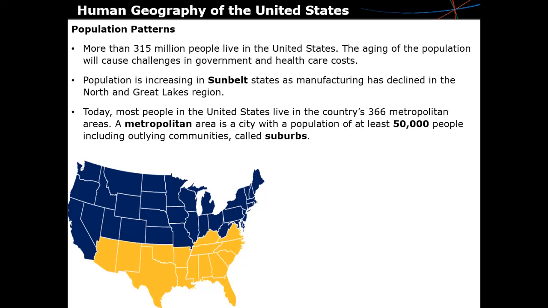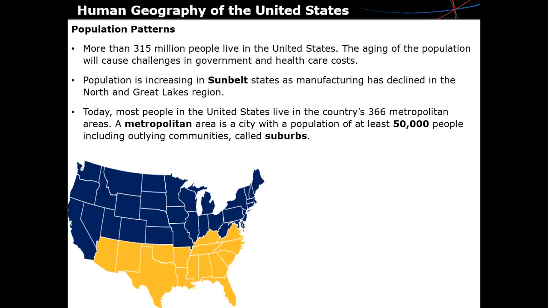Where are people living in the United States? Well, the populations are increasing in the Sun Belt states. Remember, we talked about regions. One of the regions that we talked about was the Sun Belt. If you look down at this map here, those are the states that are in yellow. Those are the more temperate, more tropical climates. Those are the climates that have a proper summer, fall, not as long of a winter, and then they have a good spring.